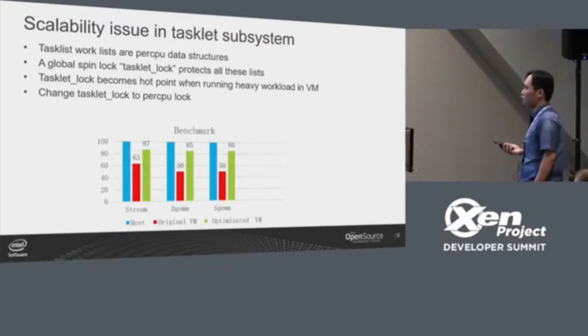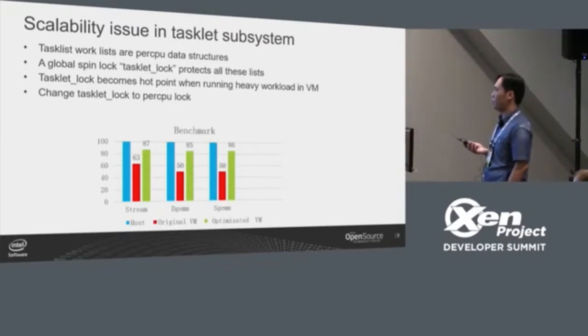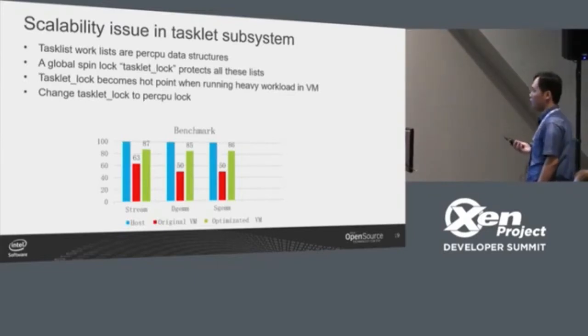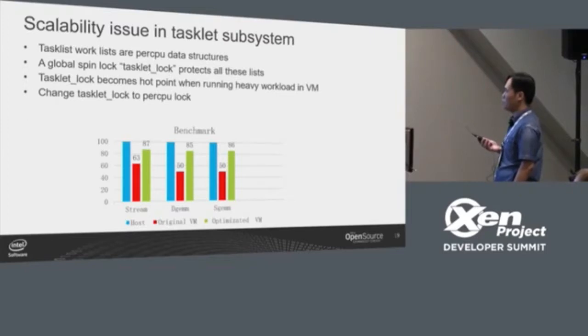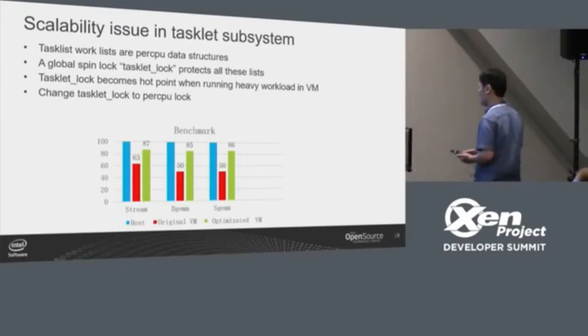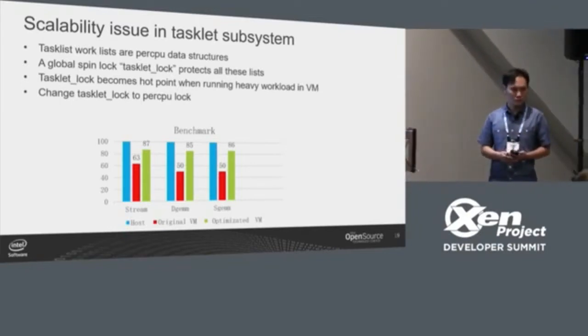After this change, the STREAM data increased from 63% to 87%, and the DGEMM and SGEMM data increased from 15% to about 85% compared with the data on the host. DGEMM is a matrix calculation.